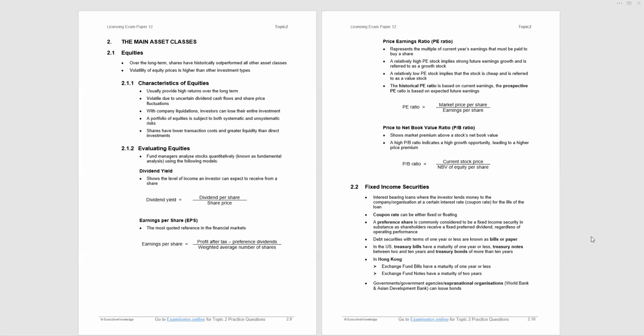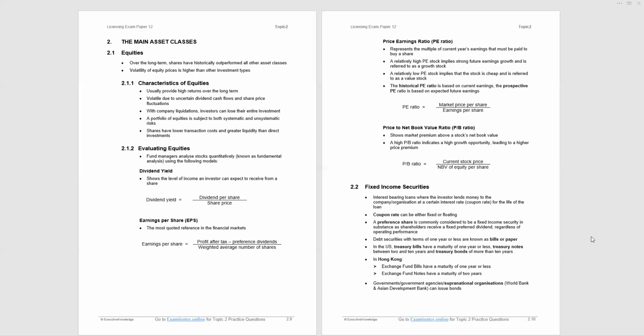It's referred to as a growth stock. So people are paying a high value compared to the underlying earnings. A relatively low PE stock, well, that means the price is low compared to the earnings. It can often be viewed as cheap and can be, not always, but can be referred to as a value stock. So it has value because we think the price will go up in the future.